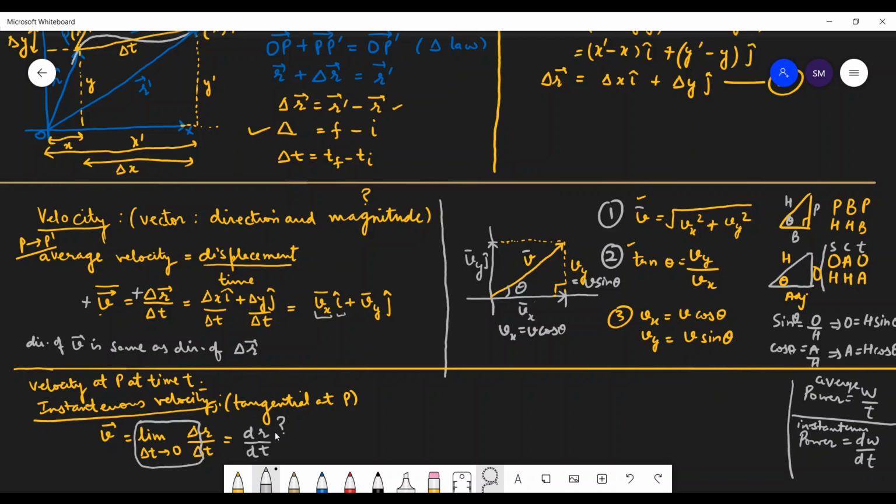Now the remaining formulas will be the same. Here we will write limiting delta t tends to 0, like I have written here.